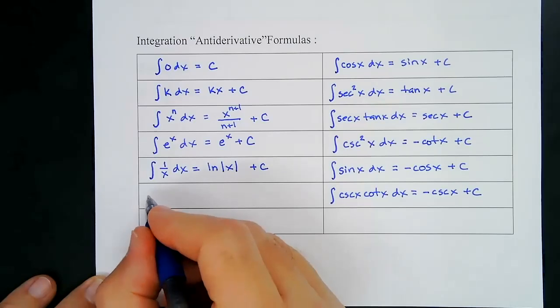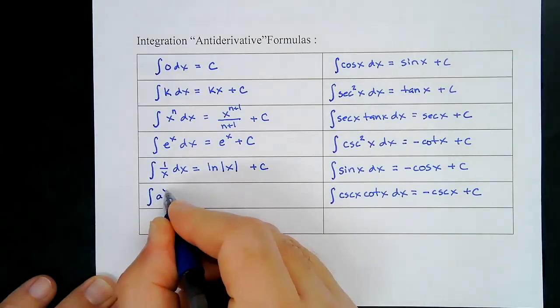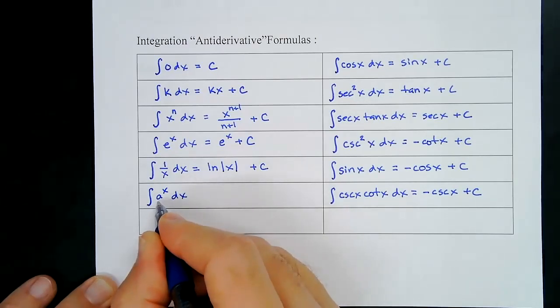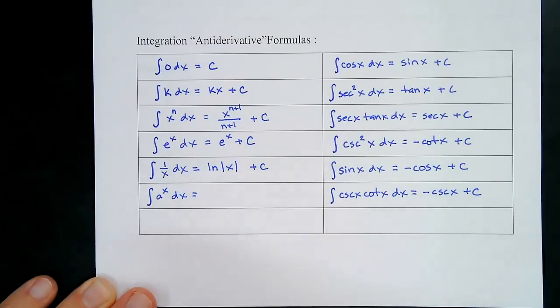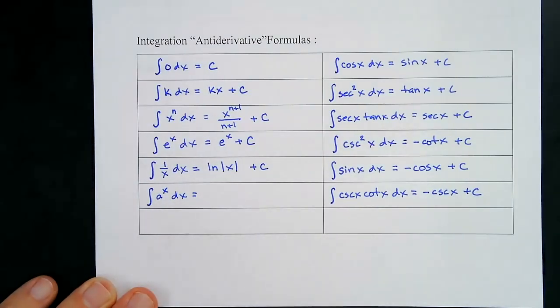Another one that we should know is the integral of a to the x dx. So what is the integral of some number raised to the x power? Okay, and if you recall, the derivative of a to the x is a to the x natural log of a.